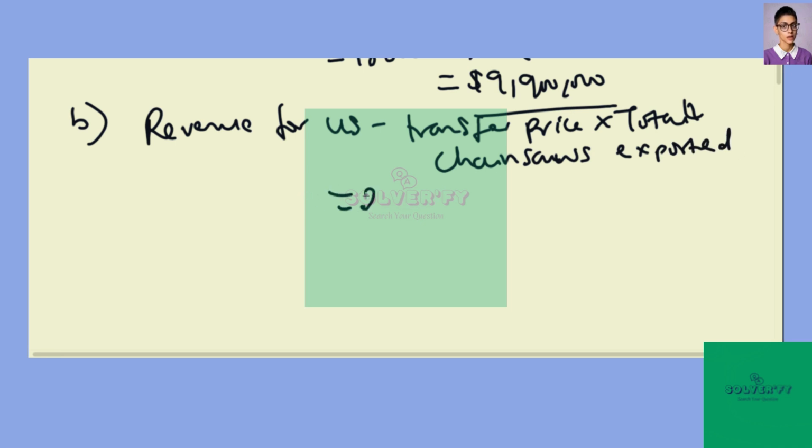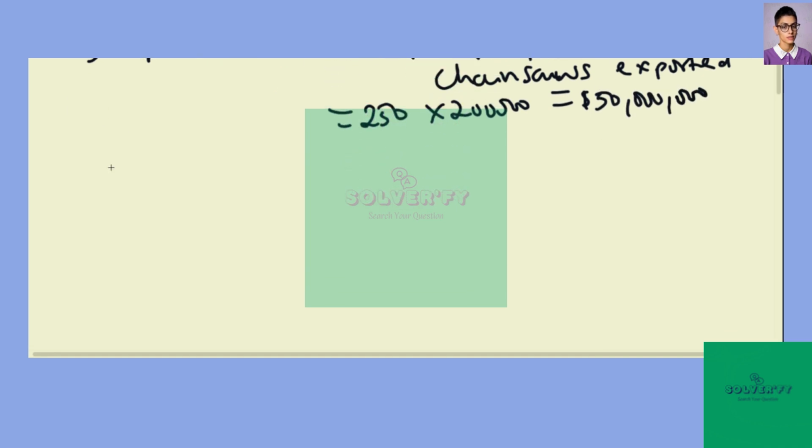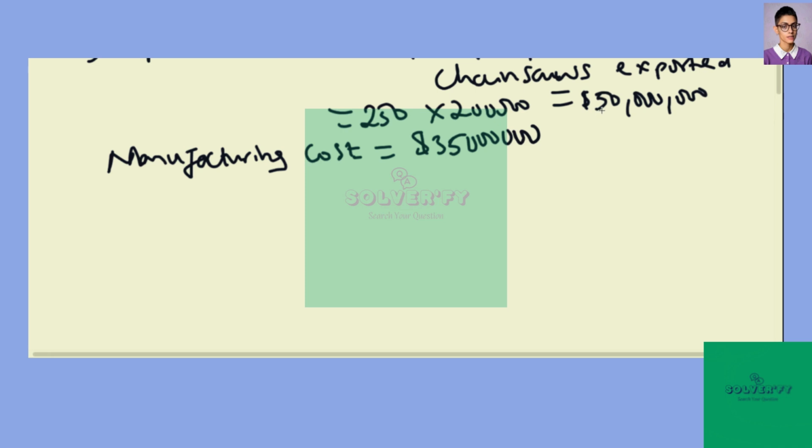So this equals 250 multiplied by 200,000, and this is $50 million. The manufacturing cost is $35 million, resulting in $15 million operating income.